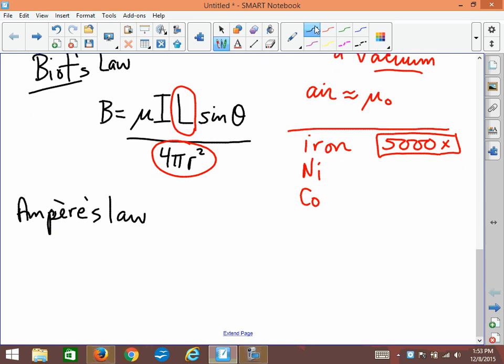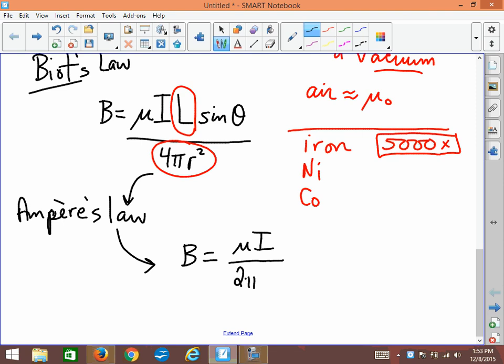So rather than get into those details, I'm just going to show you that through the magic of Ampere's law, we can reduce this formula to something a little simpler, something that's a little easier to use. And it's B, the magnetic field strength, equals mu I divided by 2 pi r.